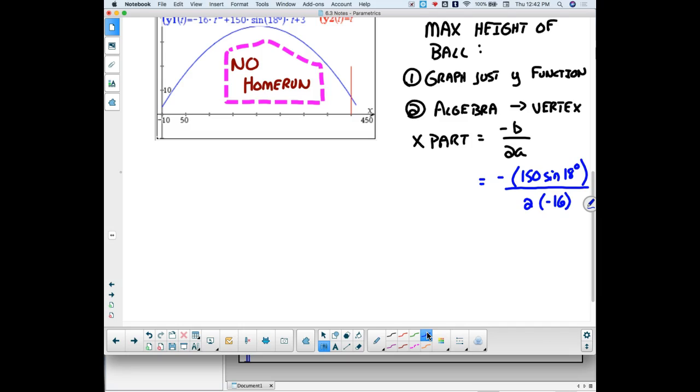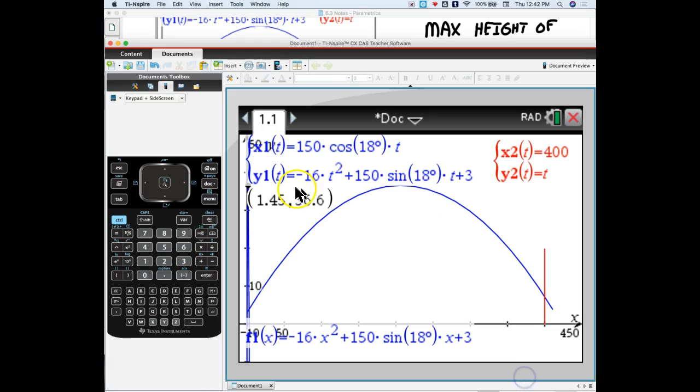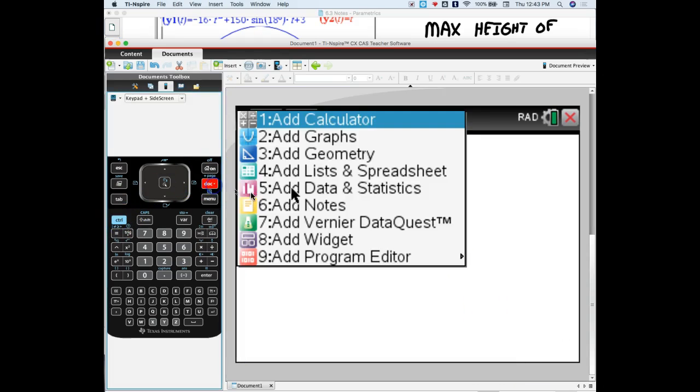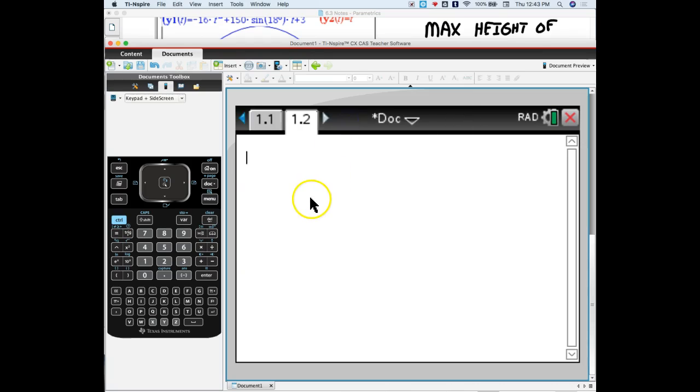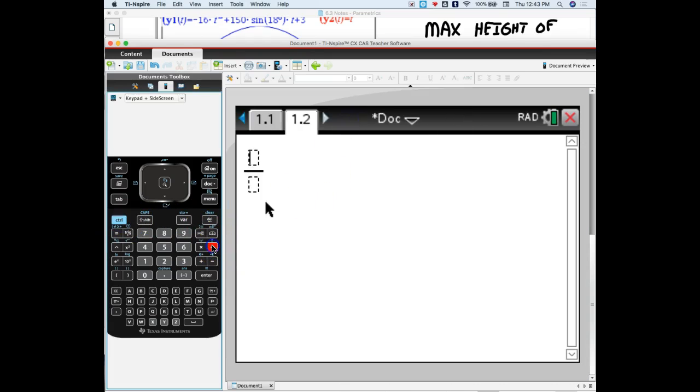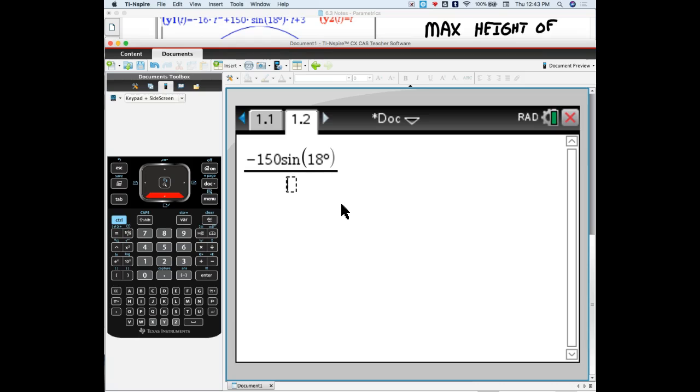So what I'm going to do now is type that into a calculator page. I'm going to create a new page, a calculator page, and type in that fraction. Negative 150 times the sine of 18 degrees divided by 2 times negative 16.